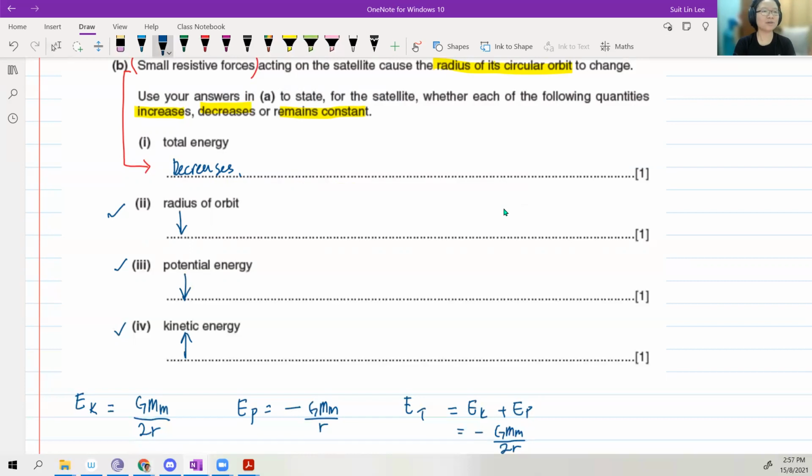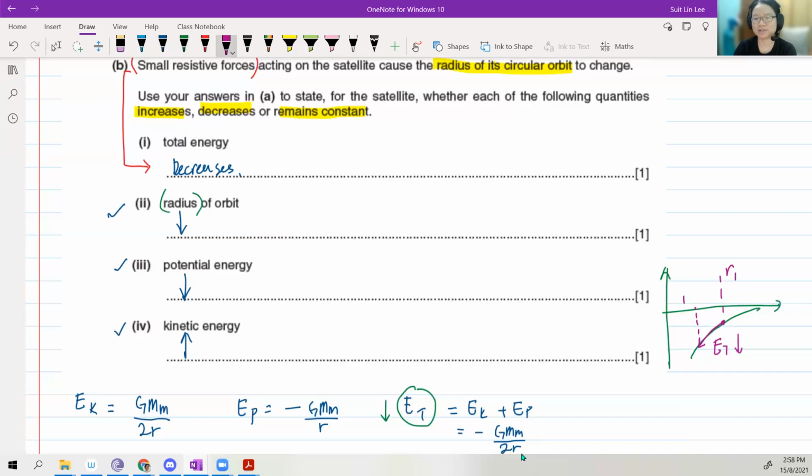Okay, so let's see if we can confirm that in our brains. If the total energy decreases, because this total energy is negative, right? Total energy looks like this. So if this one is to decrease, it means that I'm traveling from maybe here to here. E_T decreases, so your radius, your value of r, has decreased.